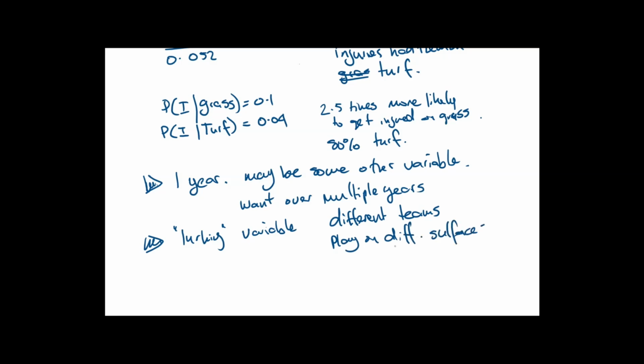What I mean by that is that if you were in the first 11, your probability of getting injured is greater than if you're in, say, the third 11 social team.